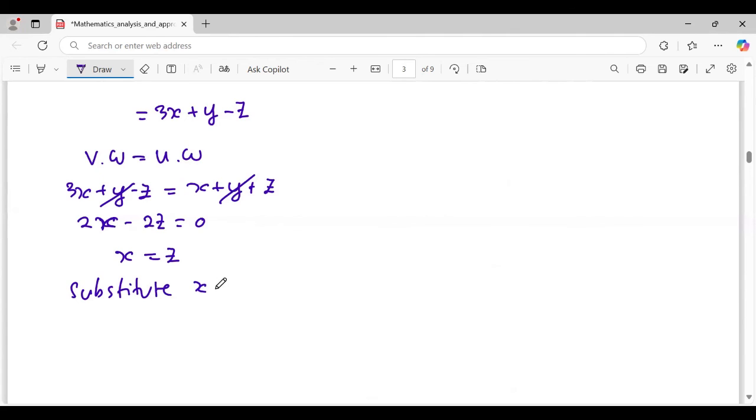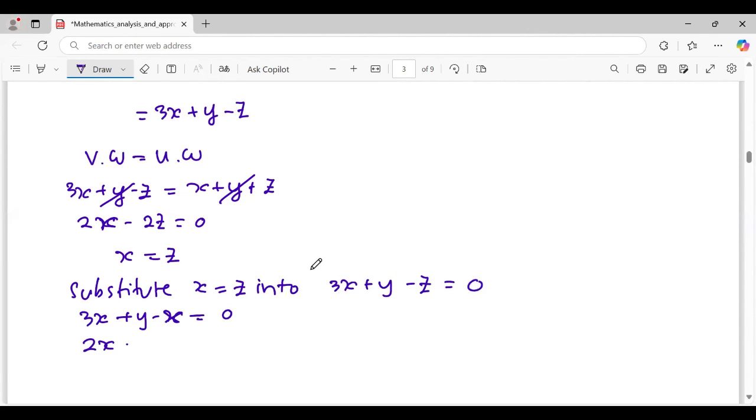Now substitute X equals Z into the previous equation, 3X plus Y minus Z equals 0.